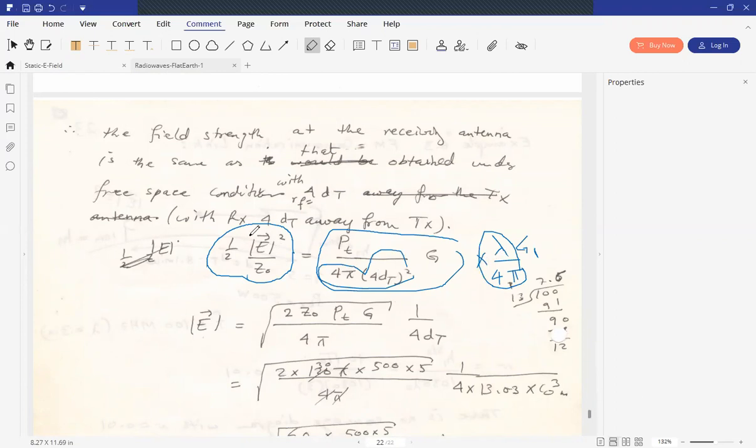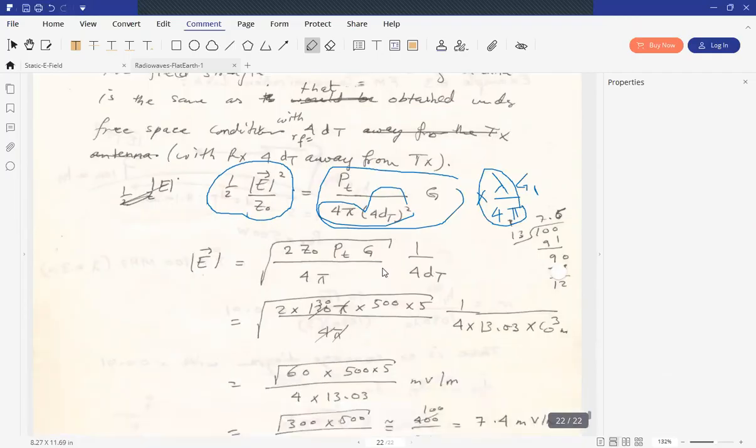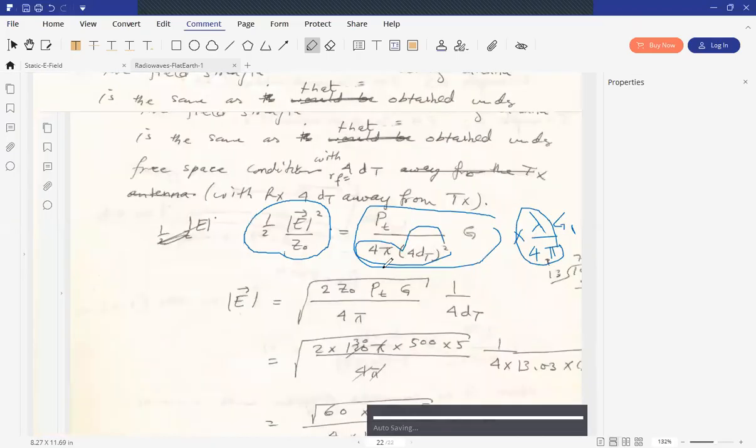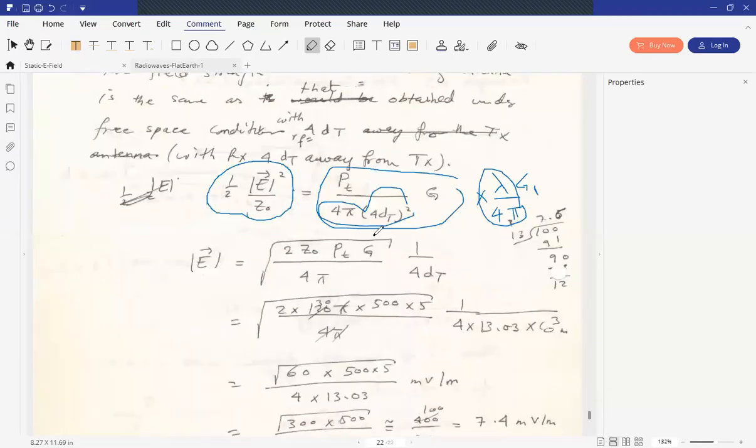So this is power density. The Poynting vector, you have studied that in 307. Poynting vector is electric field squared over Z naught if E is the peak value. If it is RMS, no 1/2. And the power density, if you go back to the actual lecture in the university on Friis' formula, we have detailed the derivation.